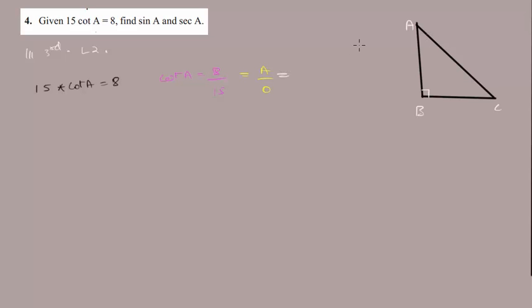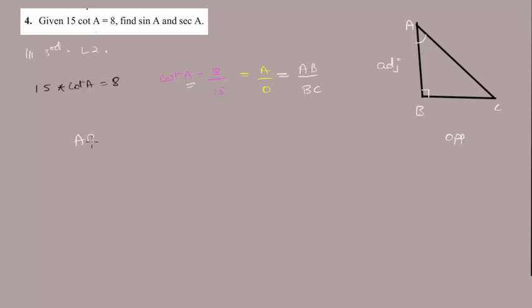With respect to angle A, the adjacent side is AB, while the opposite side is BC.